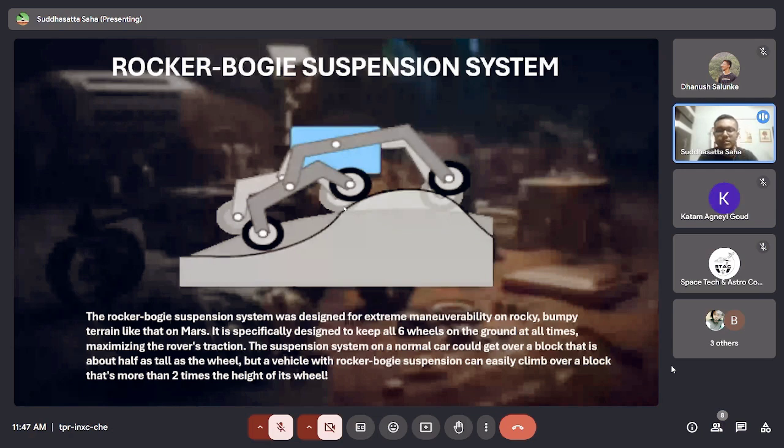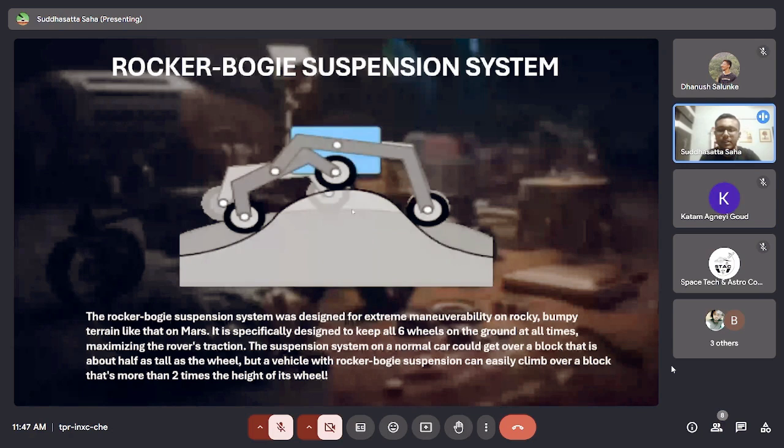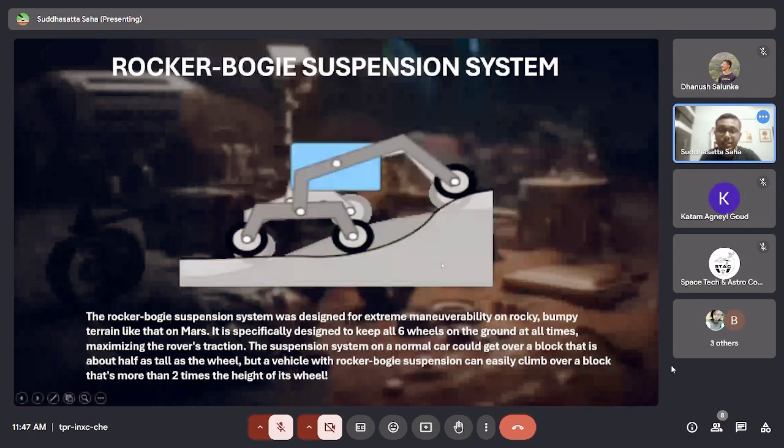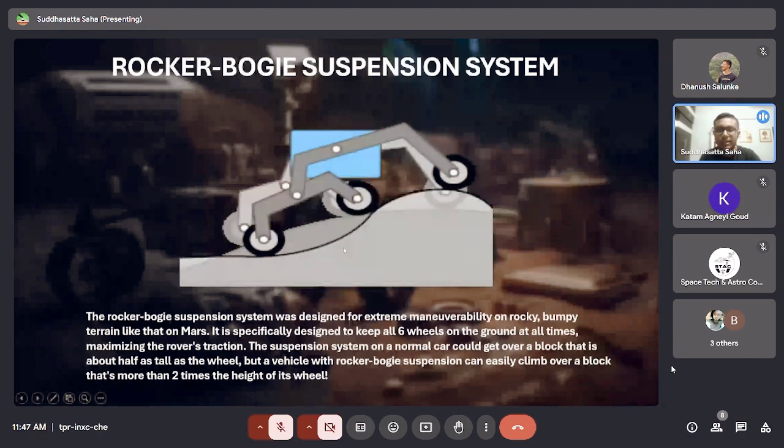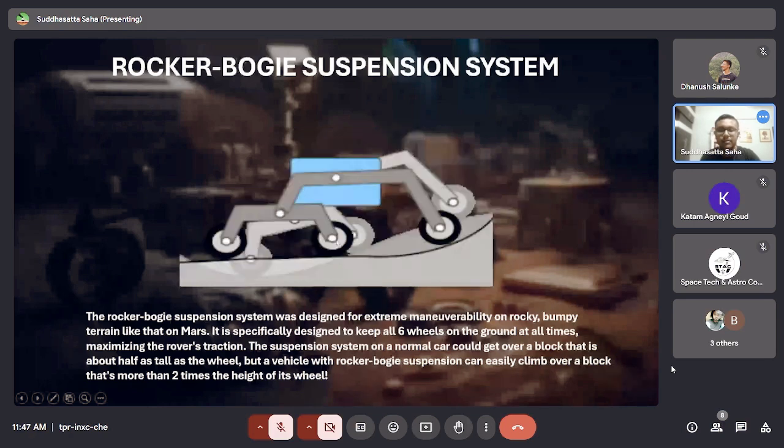This is because rovers are charting hilly terrain, and sudden depressions come up in the surface. So they need a high degree of traction, and the only way to ensure that is to keep all the wheels on the ground at all times. That is achieved very easily through this rocker bogie suspension with a few improvisations as well.